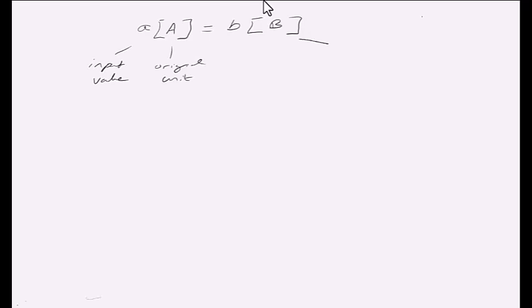This is your new unit that you want to get to, and B is simply your conversion factor.